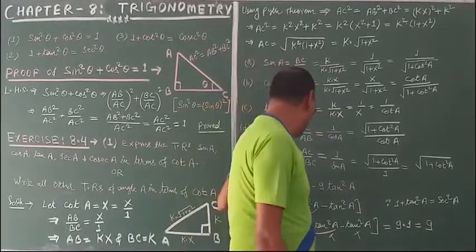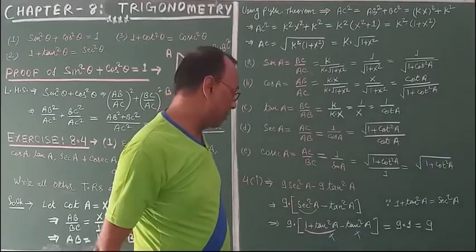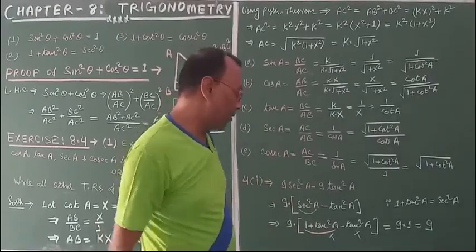It means the value of 9 sec square A minus 9 tan square A is 9.